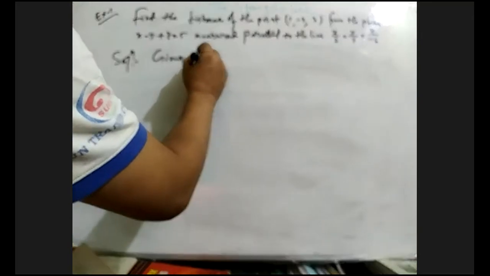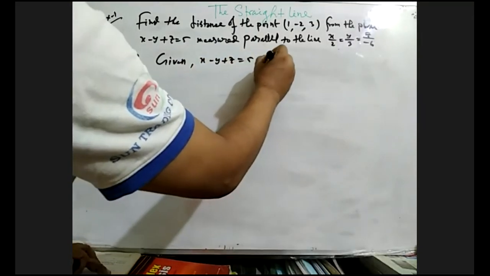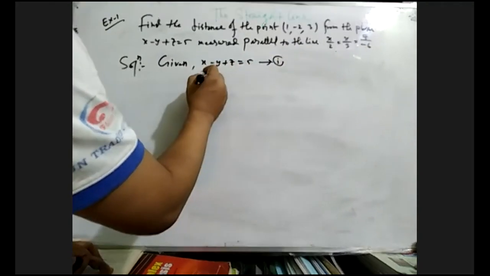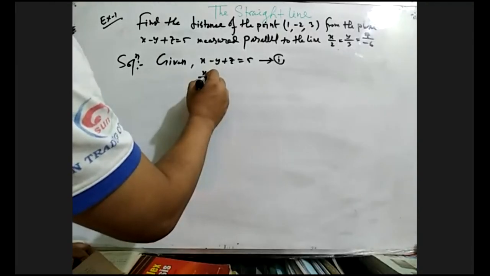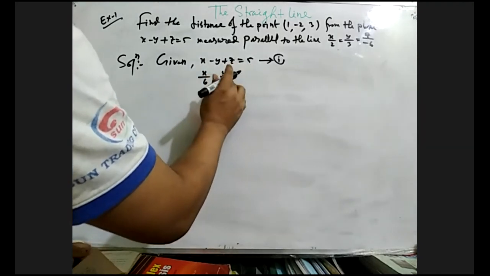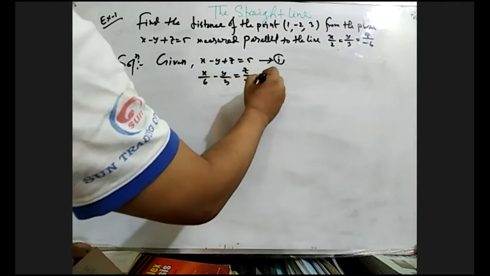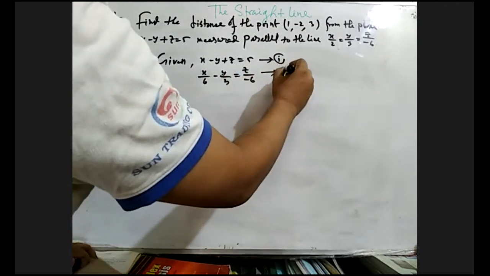One is the plane, x minus y plus z equals 5, equation number 1, and another is the equation of the straight line in three dimensions. This is equation number 2.